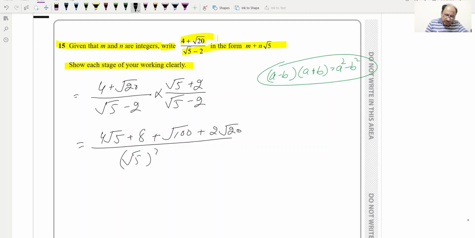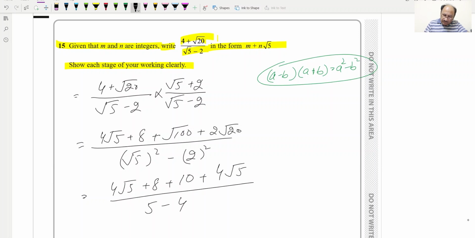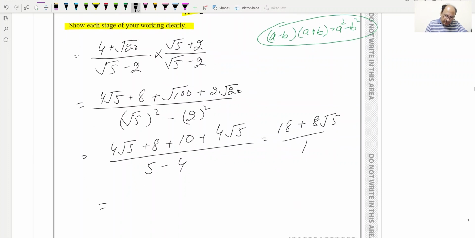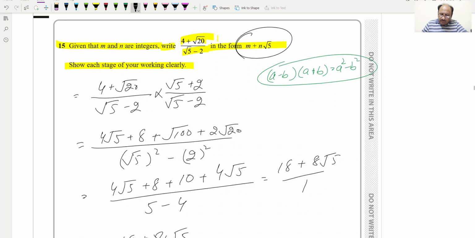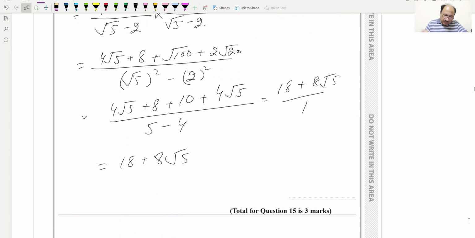under root 5 squared minus 2 squared, and now we can rewrite 4 under root 5 plus 8 and plus this under root 100 will be 10, and this one we can write 2 under root 20, so 4 out of under root will be 2, so 2 2s are 4, and under root 5, and divided by this will be 5 minus 4, and 5 minus 4 is 1, so this will be 18 plus 8 under root 5 over 1, which we can write as 18 plus 8 under root 5, and m value, if we compare with this, m value is equal to 18 and n value is equal to 8.